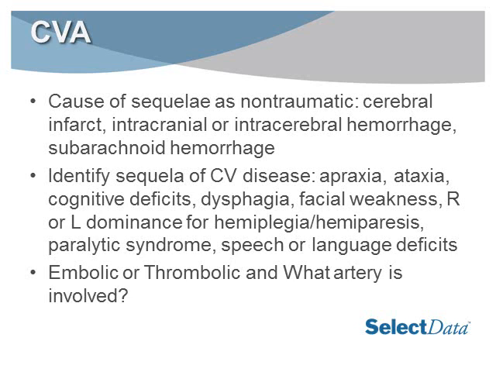You would identify the sequelae of the cerebrovascular disease, whether there's the presence of apraxia, ataxia, cognitive deficits, dysphagia, facial weakness, whether there's right or left dominant hemiplegia or hemiparesis, whether there's a paralytic syndrome, or whether the patient has speech or language deficits. And you need to know if the CVA was embolic, thrombotic, and what artery was involved.